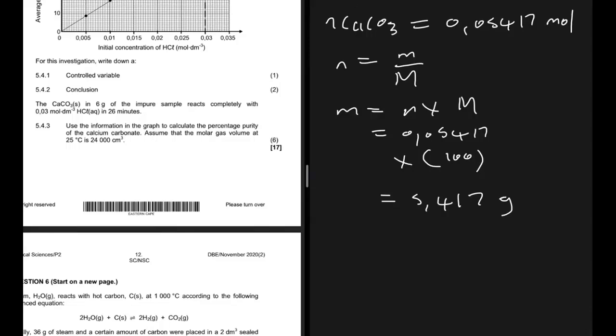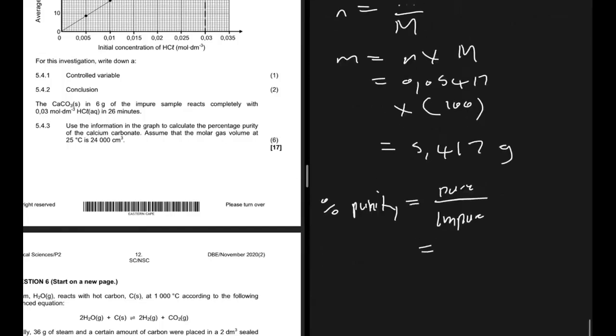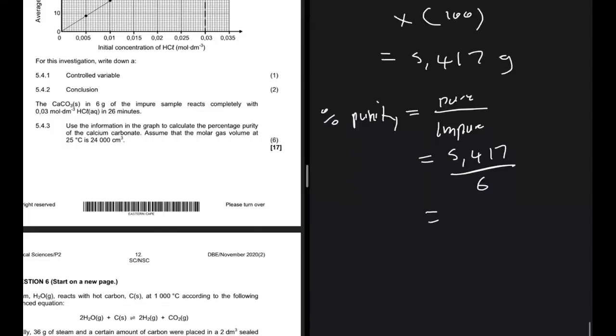So now we have the mass of CaCO3 that reacted and the mass of the impure sample, right? So to find percentage purity, we're gonna say percentage purity equals pure substance divided by impure, the whole substance. So this is going to be equal to 5.417 divided by 6, which is, let me just put that in my calculator real quick, which is equal to 0.9027.